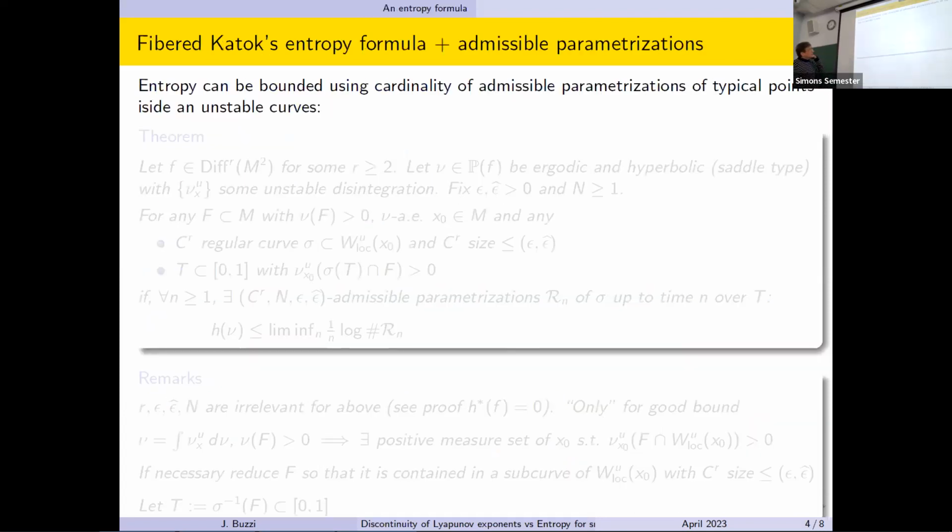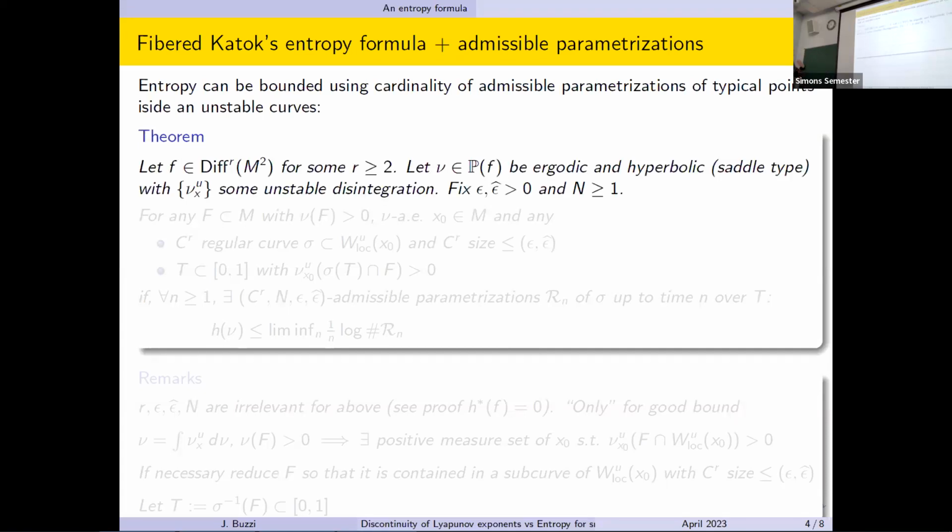So this is the formulation of how you can bound the entropy by looking at an unstable curve and using parametrizations. You look at some diffeomorphism, in dimension 2. We take an ergodic hyperbolic measure, so one positive, one negative exponent, and we have what we call its unstable disintegration.